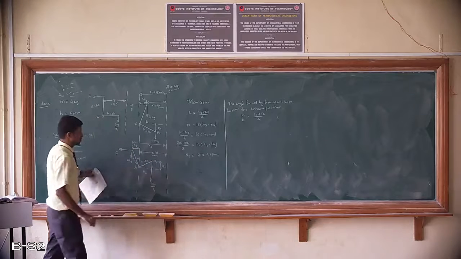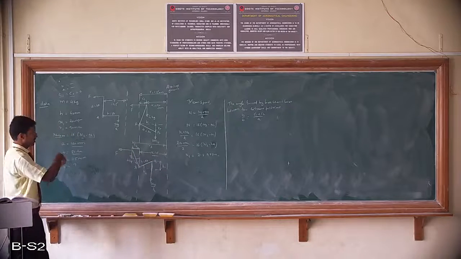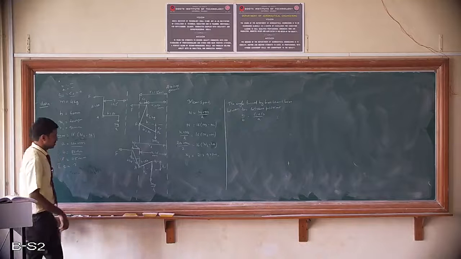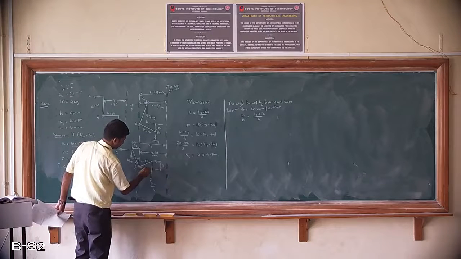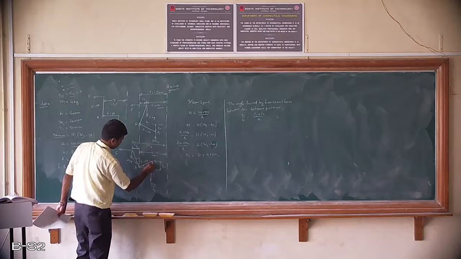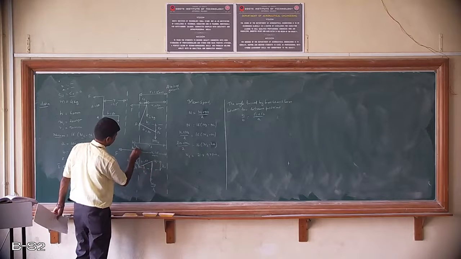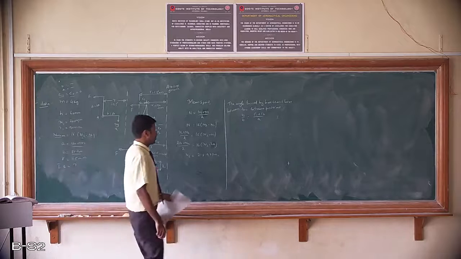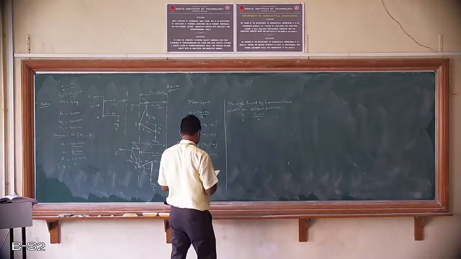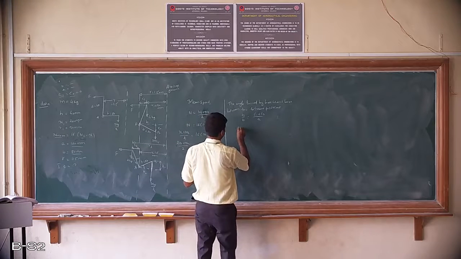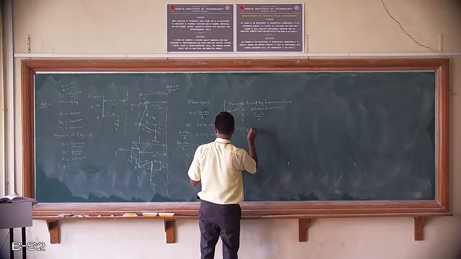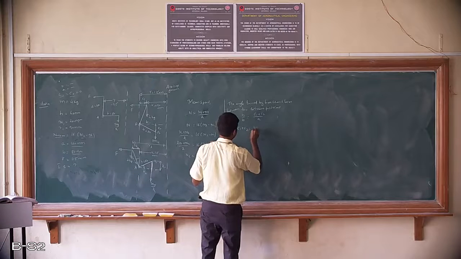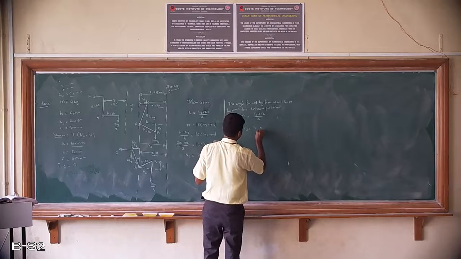C1 plus C2 is the total opposite, and this is the corresponding adjacent length. So opposite divided by adjacent. So H by B is equal to C1 plus C2 divided by A. Therefore C1 plus C2 is equal to H into A by B.